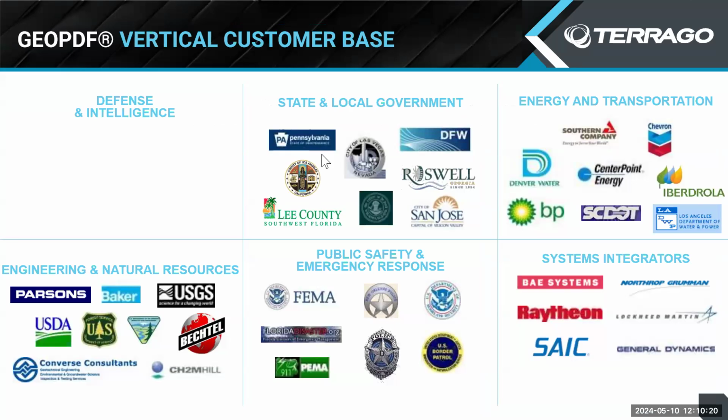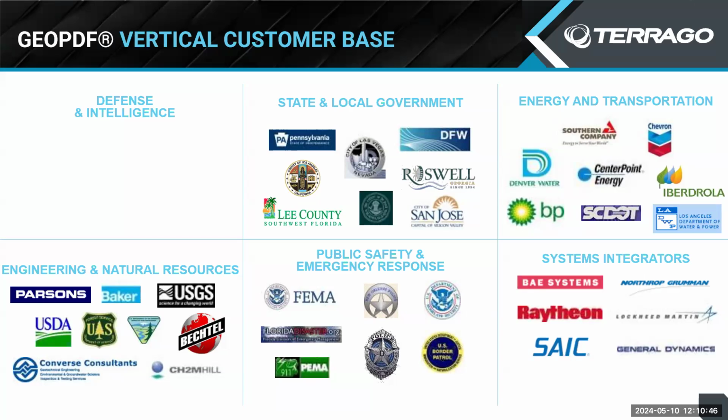To understand who is using the technology, this is our vertical customer base. We have two different groups inside of TerraGo. We do a lot of work in the IoT space, specifically for smart cities and utilities, where we deliver a mobile application to help with managing IoT devices. And if you're interested in that, please reach out to us as well.